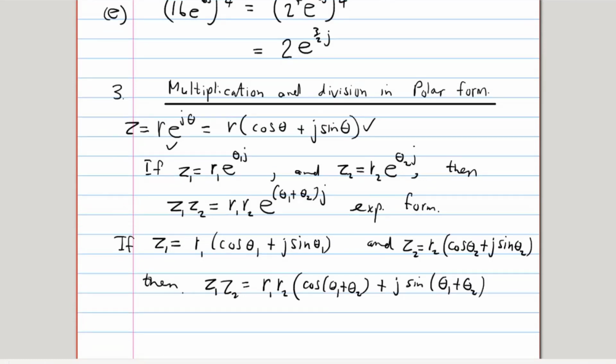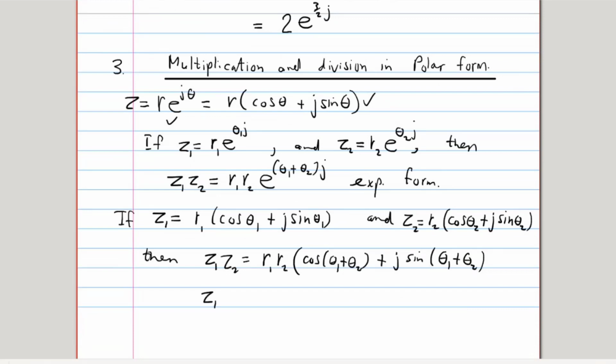So that's just how you write it. Or you can write this in shorthand notation as z1 z2 is r1 r2 at angle theta 1 plus theta 2. Okay, that's the shorthand notation.